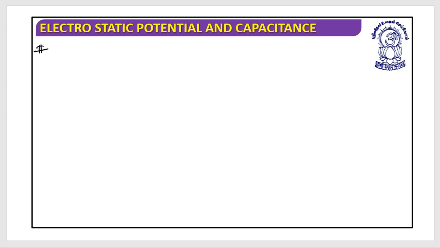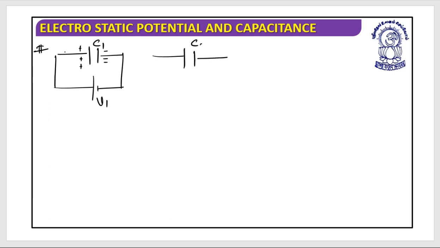Situation 2. Suppose this is one of the capacitors having capacitance C1 and is connected with the battery V1. So this is the positive polarity, this is the negative polarity once it has been charged completely. This is another capacitor, capacitance C2, connected with another battery V2. Once it has been charged, this would be positively charged, this would be negatively charged.